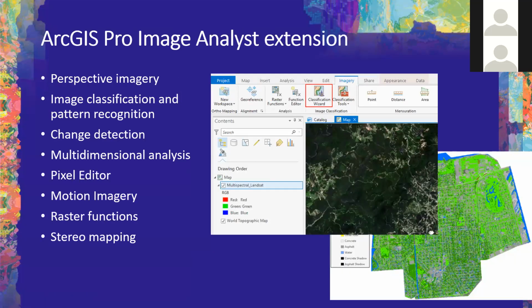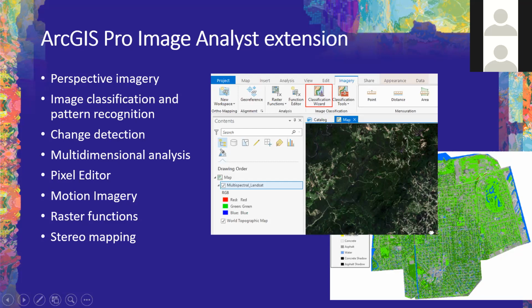Then the Pro Image Analyst extension, again, is another extension. It has plenty of tools and workflows available. There are some capabilities listed here, like image classification, change detection, multidimensional analysis, pixel editors, and image processing related things. Also stereo mapping and raster functions are there.